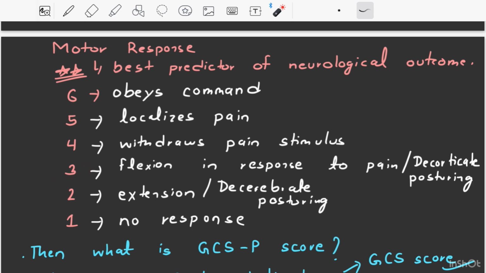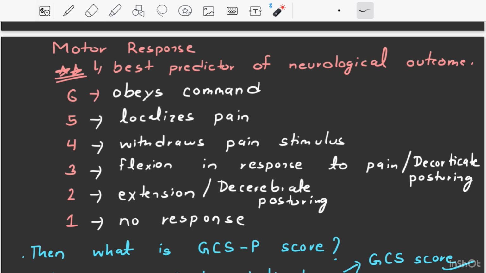But if the patient extends his arm instead of flexing his arm to pain, we give him a score of 2. And if there is no response, we have already known many times, we have said that the score is 1.